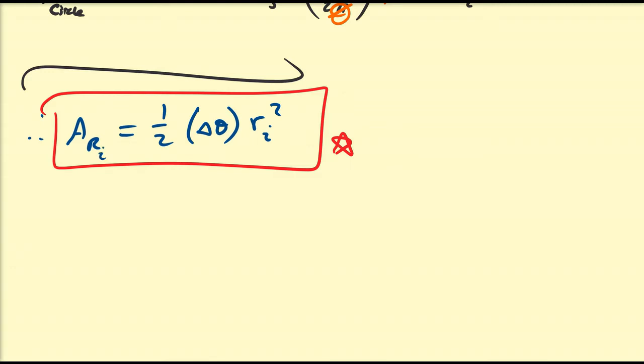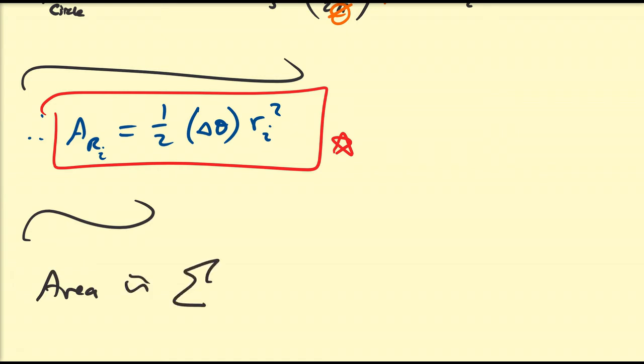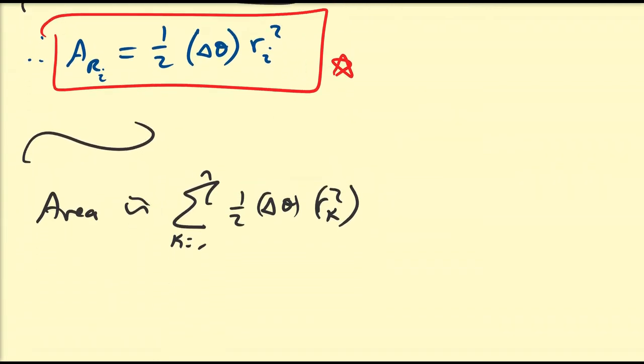Because we're going to be summing up smaller and smaller regions over the entire region of interest, right? So the area that we're interested in is going to be approximately equal to the sum of the areas of all of these little baby triangles, right? So the sum from k equals 1 to n of 1/2 delta theta, which is going to be constant for all of them, times the corresponding radius of those sectors squared, right?